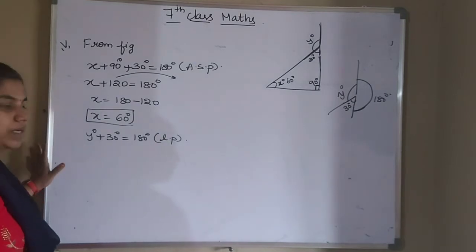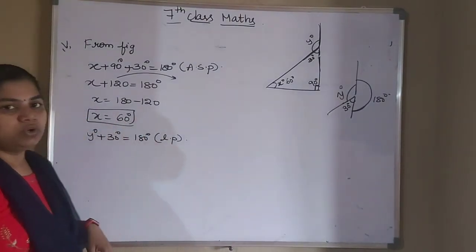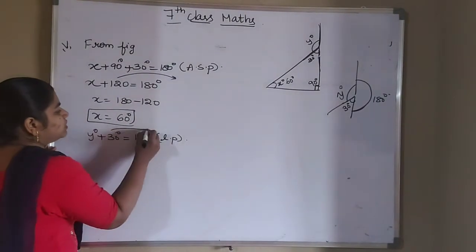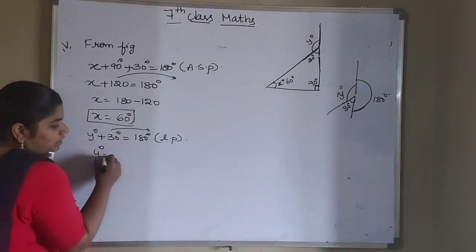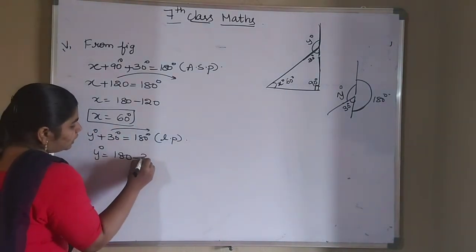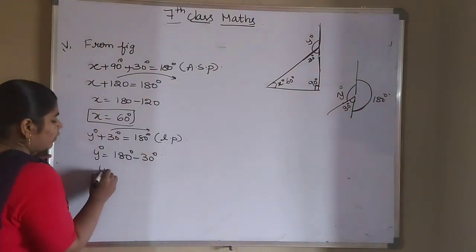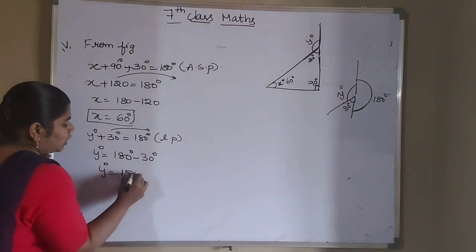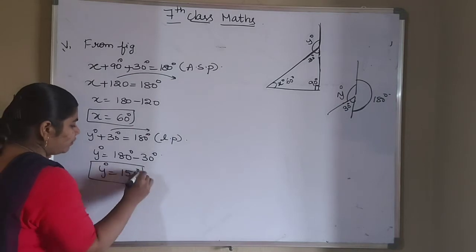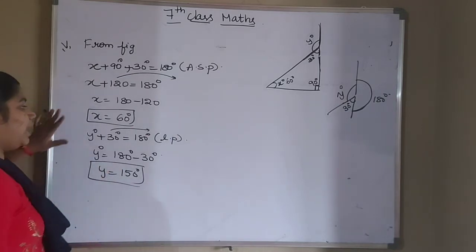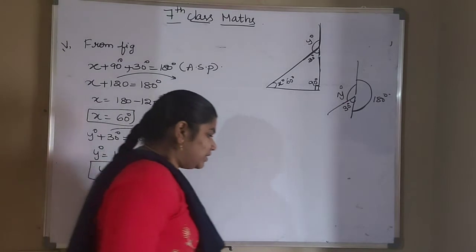Linear pair is nothing but the sum of two angles will be equal to 180. So transpose the 30 to the other side. Y degrees is equal to 180 minus 30 degrees. So y degrees will be equal to how much? 150 degrees. So the y value you got as 150 and the x value you got as 60.